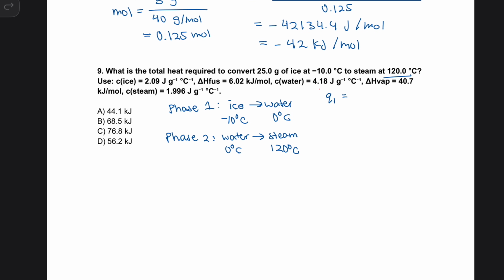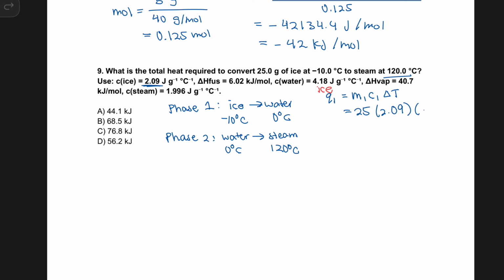So I'll write here that the phase is ice. So this is MC delta T. So we have 25 grams, and then we have to look. So the specific heat capacity of ice is 2.09.